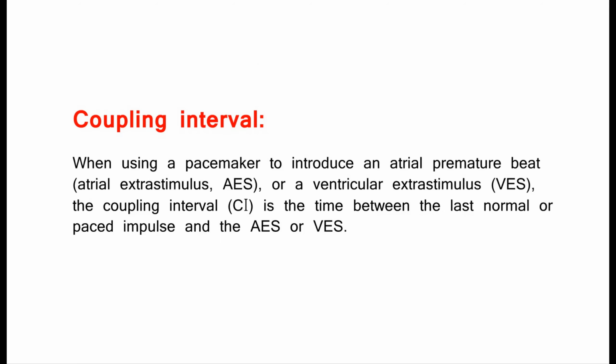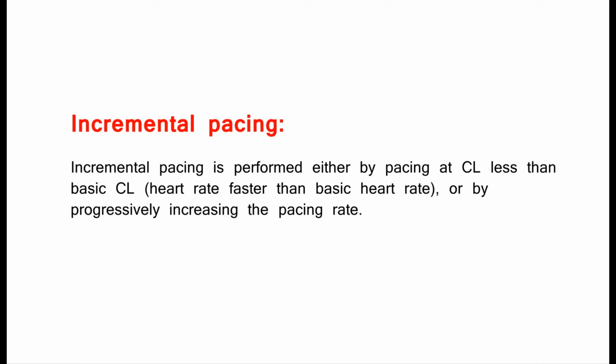Coupling interval. When using a pacemaker to introduce an atrial premature beat, atrial extrastimulus, AES, or a ventricular extrastimulus, VES, the coupling interval, CI, is the time between the last normal or paced impulse and the AES or VES. Incremental pacing.